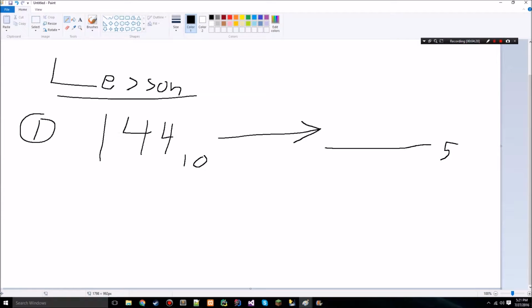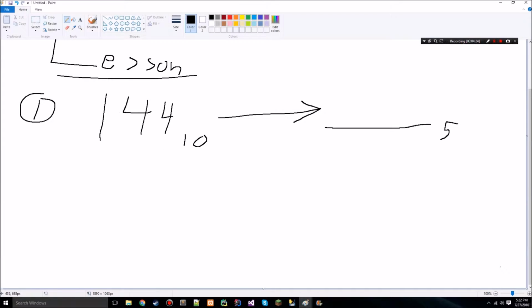The first step in this is we write out our powers of 5, or powers of whatever base you have.